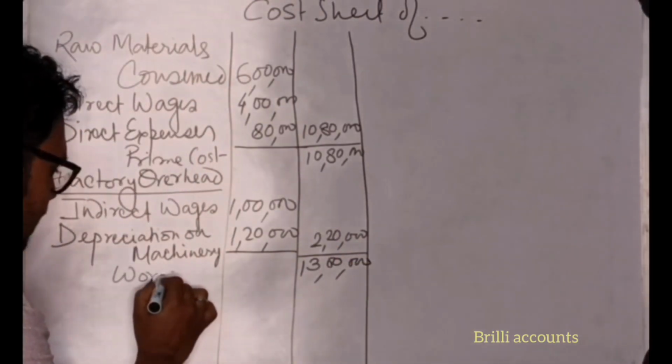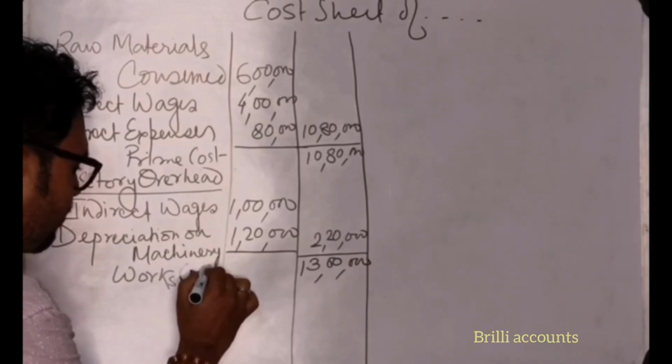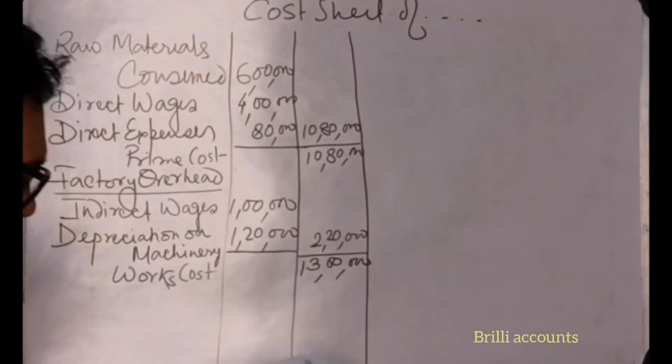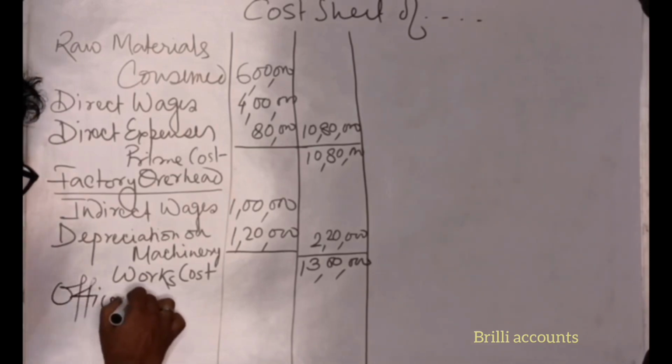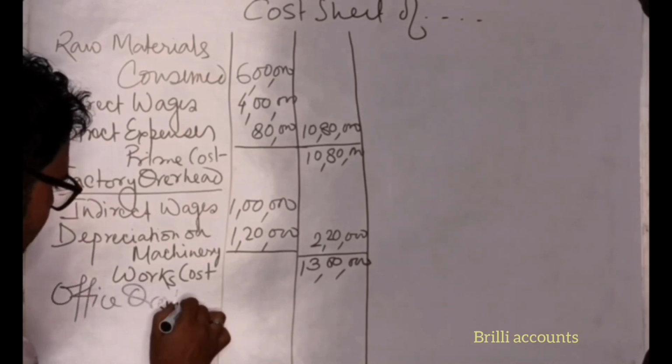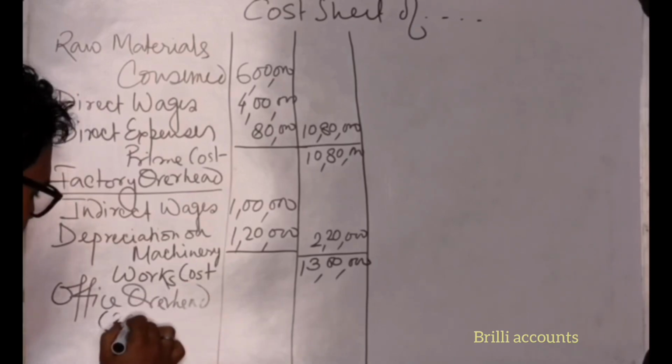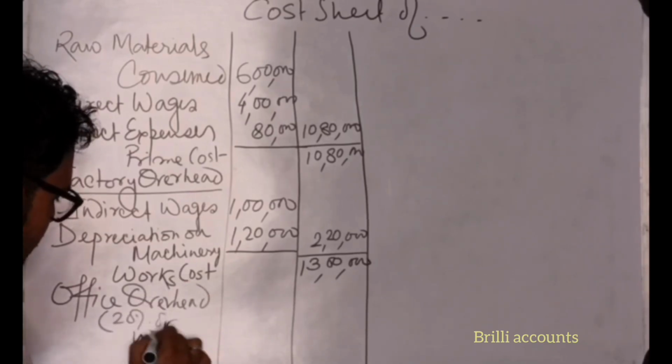We require this value very importantly. Why? Because here it is mentioned office overhead is 20% of works cost. So I am writing office overhead, 20% of works cost.